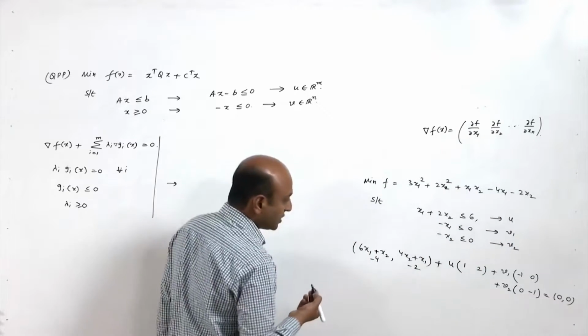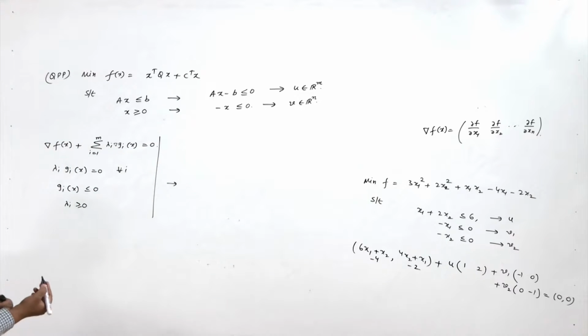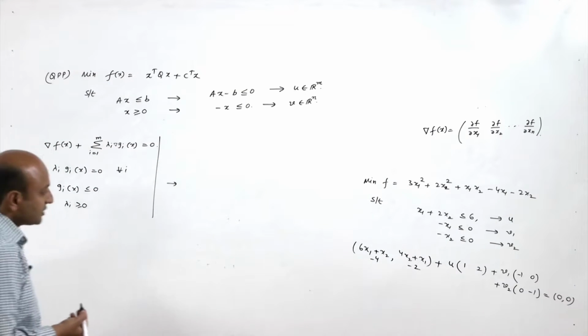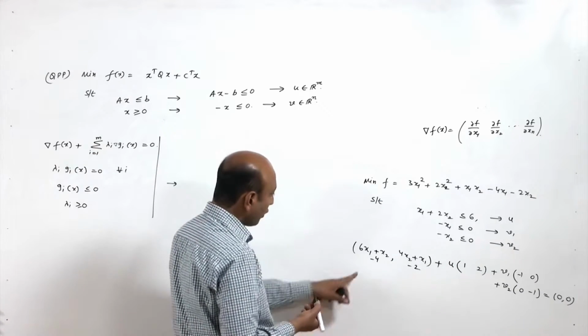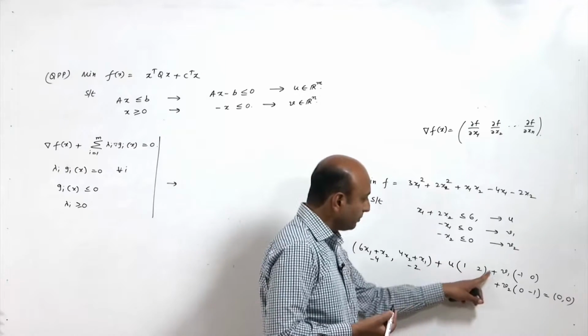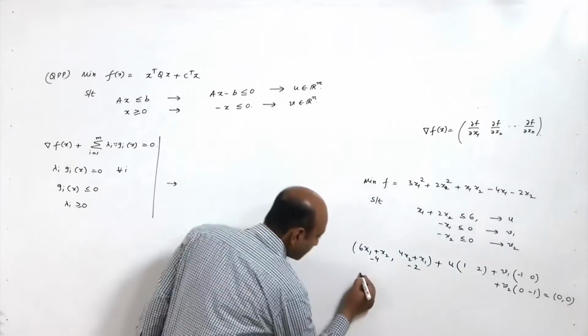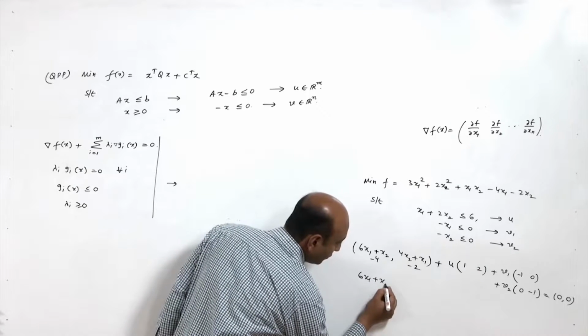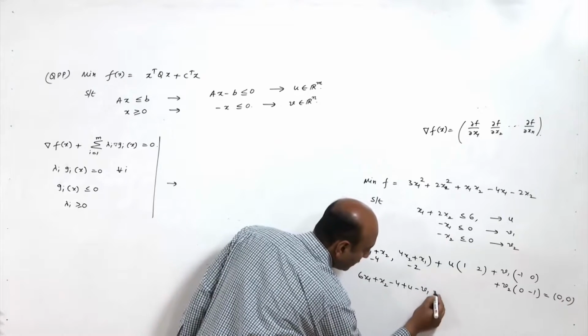So what is the first equation? We obtain 6x1 plus x2 minus 4 plus u minus v1 plus 0 equal to 0, that is, 6x1 plus x2 minus 4 plus u minus v1 equal to 0.